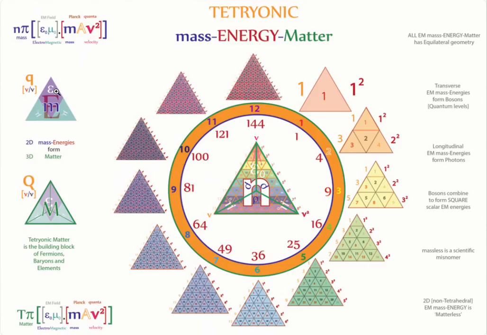Obviously in the case of mass energies, each mass quanta has a charge, be it positive or negative, and they all combine within the matter geometries to give a net charge, again made up of positive and negative charges, but the final charge of the particle itself depends entirely on the charges that make up the geometry of the matter and the frequency of quanta within those charged geometries themselves.